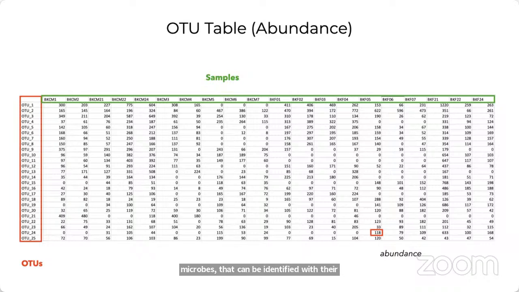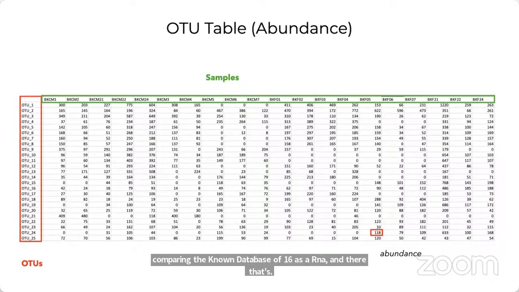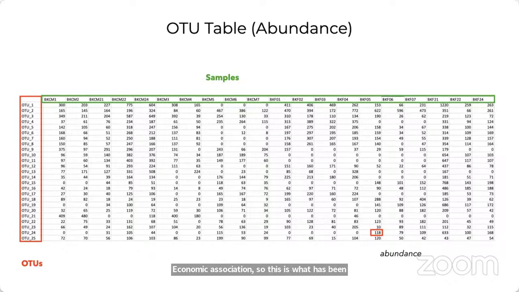So OTU1, OTU2 and OTU3 can be understood as respective microbes whose identity can be estimated by comparing the known database of 16S rRNA and their taxonomic association.